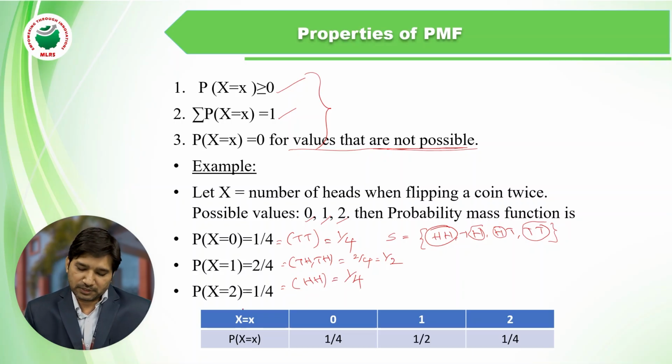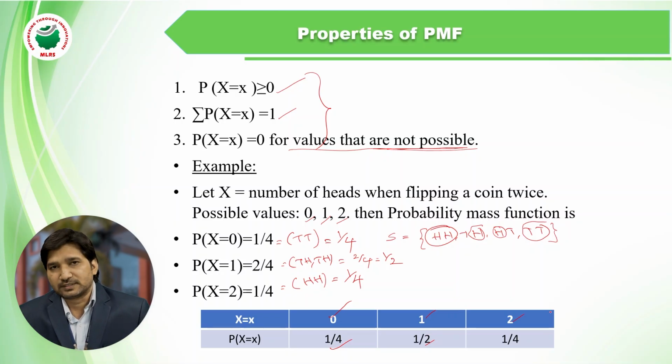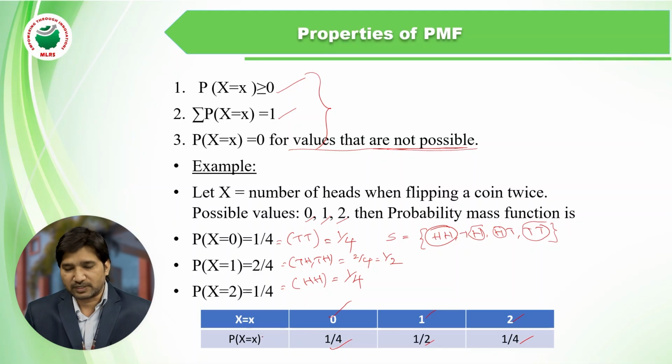Therefore the probability distribution is: x equal to 0, 0 heads, probability 1 by 4; 1 head, probability 2 by 4, that means 1 by 2; and 2 heads, x equal to 2, probability 1 by 4. This is the discrete probability distribution function.